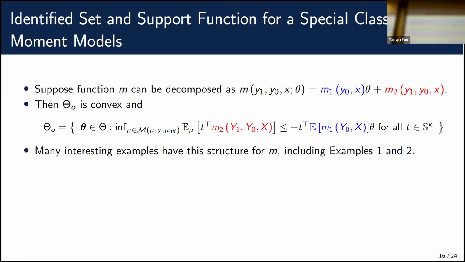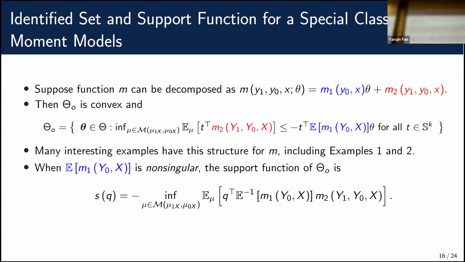Look at this one. Theta appears here, and this is, again, optimal transport cost. But this set has a very nice structure, because it's linear in theta here. So we know immediately it's convex. I'll refresh your memory later. But both examples I showed you, in fact, have this structure of the M function.